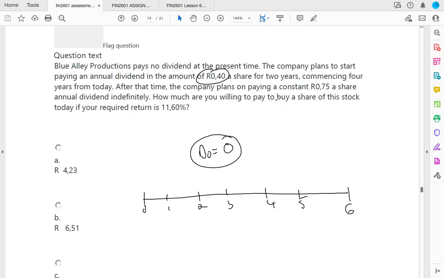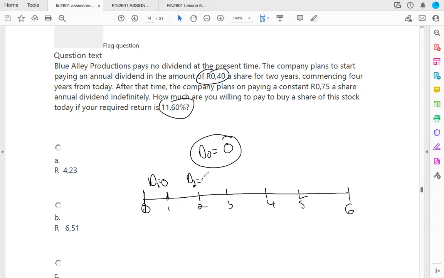After that time, the company plans on paying a constant dividend of 75 cents a share, annual dividend indefinitely. How much will you be willing to buy a share of the stock today if your required return is 11.6%? Okay, so at time 0, we are here. Time 1, no dividend is going to be paid. D1 is equal to 0. But they'll start paying an annual dividend of 40 cents a share for 2 years, and that's going to happen 4 years from today.